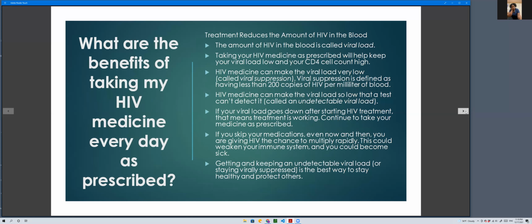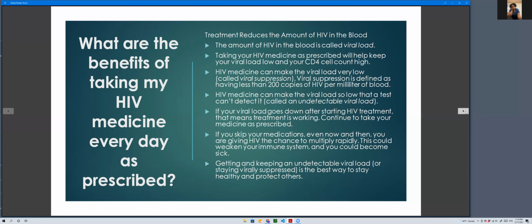and other infected people. What are the benefits of taking my HIV medicine every day? Treatment reduces the amount of HIV in the body. The amount of HIV in the blood is called viral load. Taking your HIV medicine as prescribed will help you keep your viral load low and your CD4 count high.